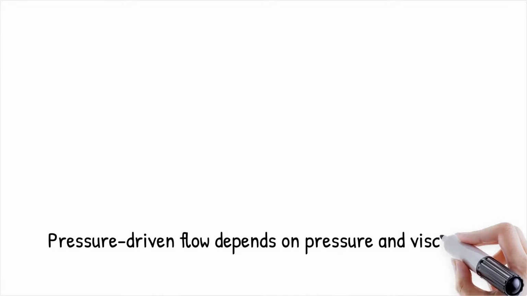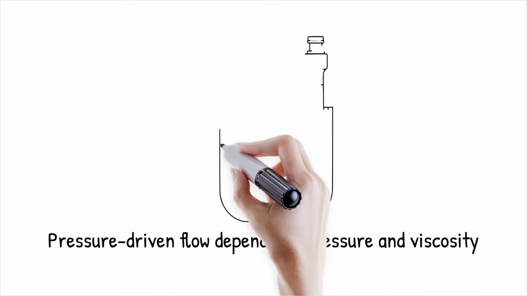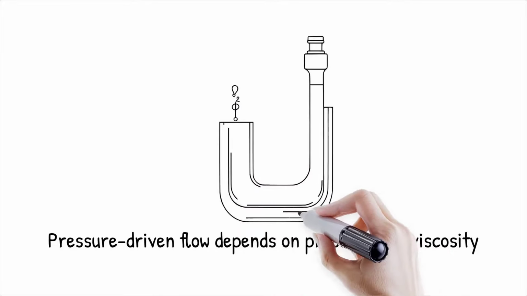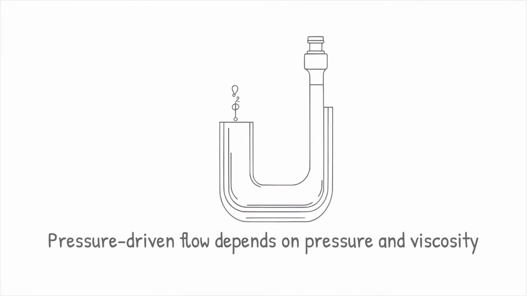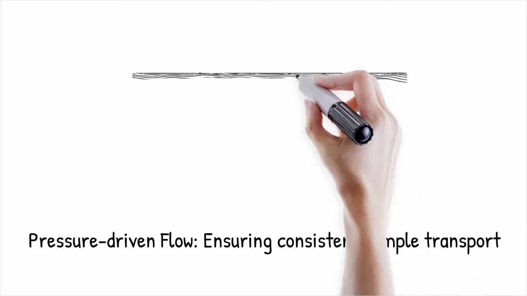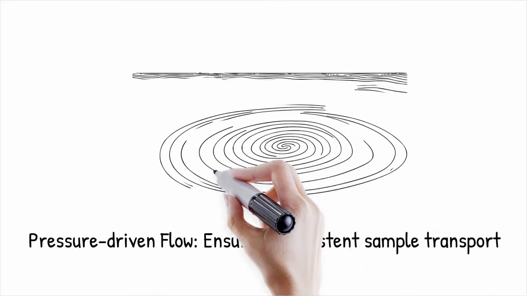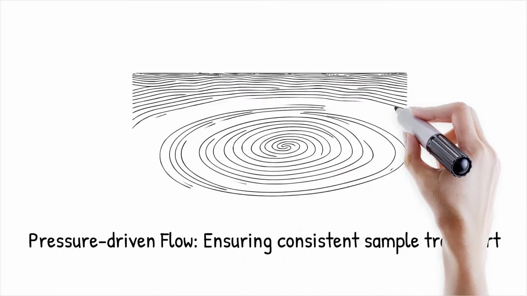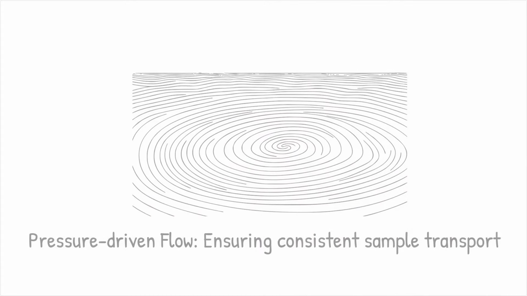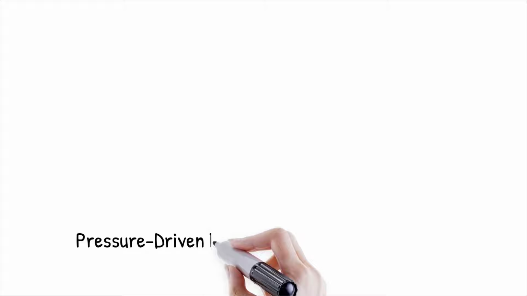While effective, pressure-driven flow may cause variations in velocity due to resistance and channel surface interactions, requiring precise calibration. In lab-on-a-chip devices for blood analysis, pressure-driven flow ensures a consistent sample transport rate for accurate biomarker detection. This system works like water flowing through household plumbing, controlled by the pressure applied at the inlet.